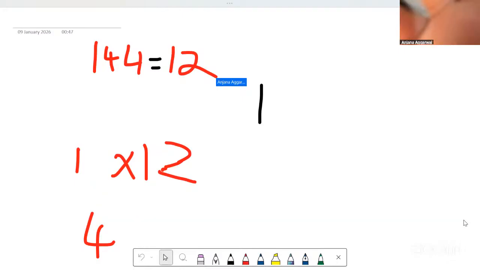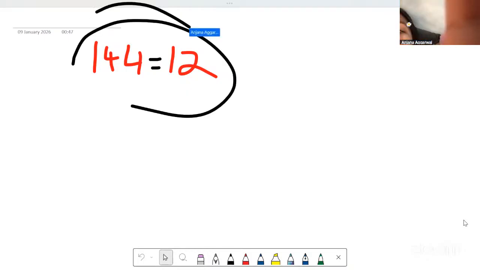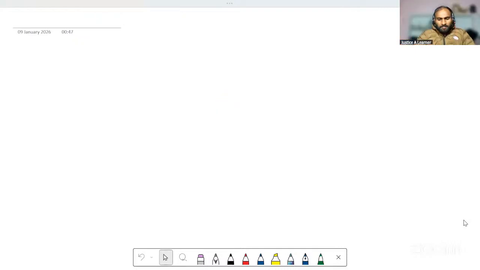Can you tell me the next number on the sheet? That's only for when it's full numbers. Okay, the next number is 225.